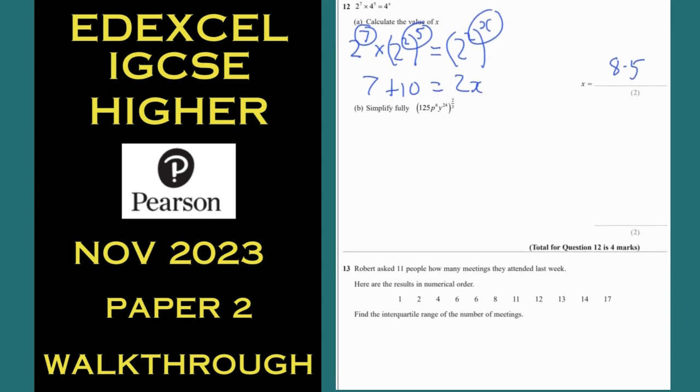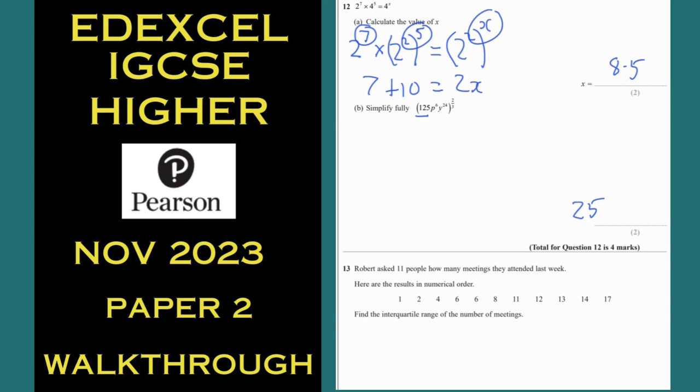Part B. Feel free to use your calc, but it's our laws of indices power to a power question. If you want to do 125 to the power of 2/3 on your calculator, feel free. If you want to cube root it in your head to get 5, then square it in your head to get 25. No one cares.